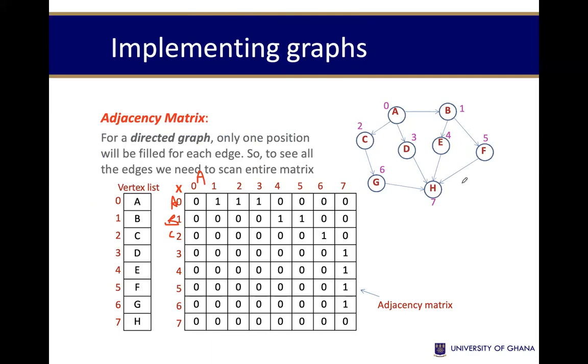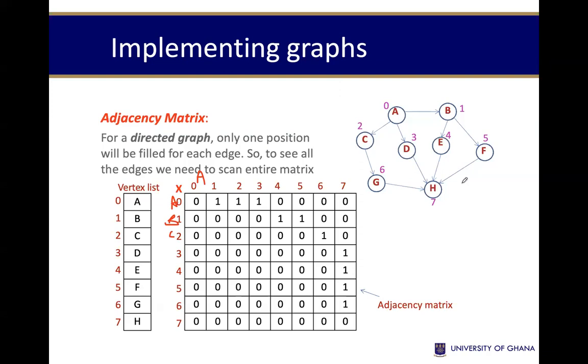Let's say we have four nodes A, B, C, and D. A goes to B and B also goes to A. And A also goes to D, and D also goes to A. So in that case, how are we supposed to represent that using the adjacency matrix?